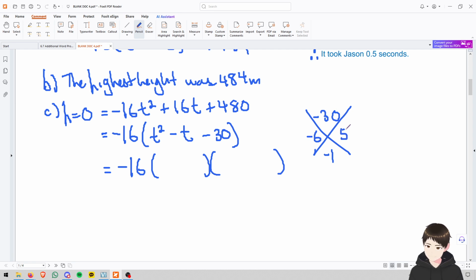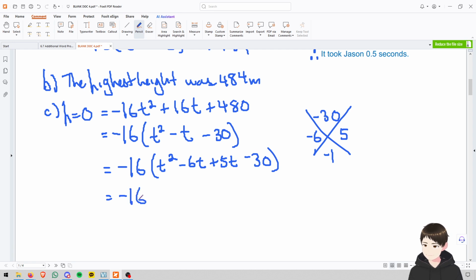Very simple. It's negative 6 and positive 5. If I decompose, this becomes negative 16 times t squared minus t minus 30 becomes t squared plus 5t minus 6t minus 30.